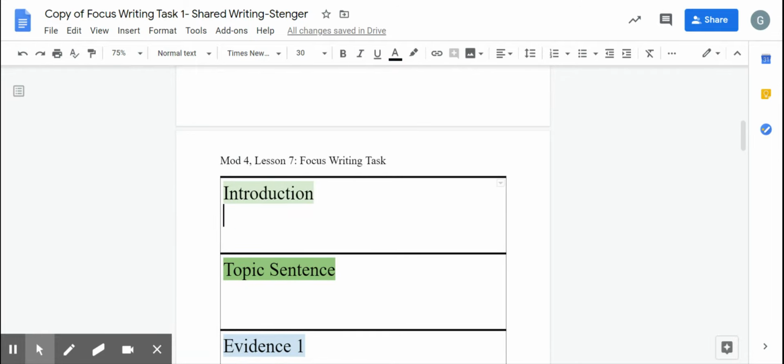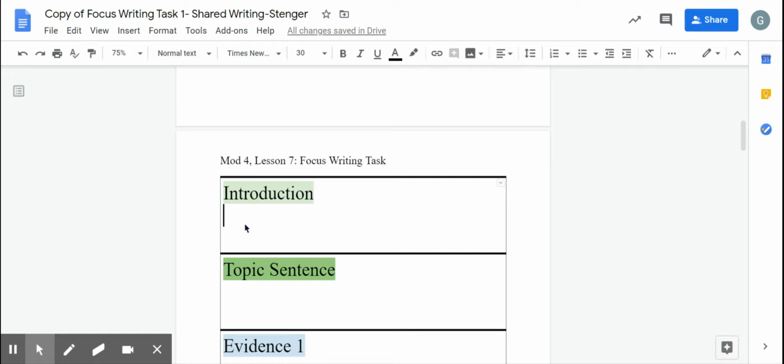Introduction. Miss Stenger's going to give it a try. Something about having important organs for the digestive system. Maybe we want to teach our readers that there's many important organs. And then in our topic sentence, we can introduce that we're talking about just the small intestine. So I'm going to type out my introduction sentence idea.